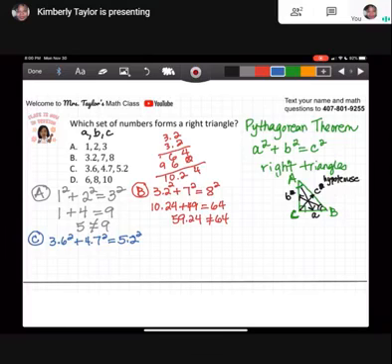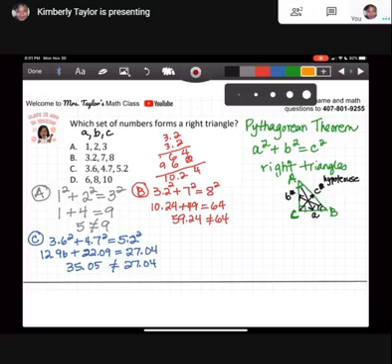Okay, so this one is going to be 12.96 plus 22.09 is equal to 27.04. So when we add this together, we get 35.05 and then 27.04. That's not a true statement, so it can't be that.